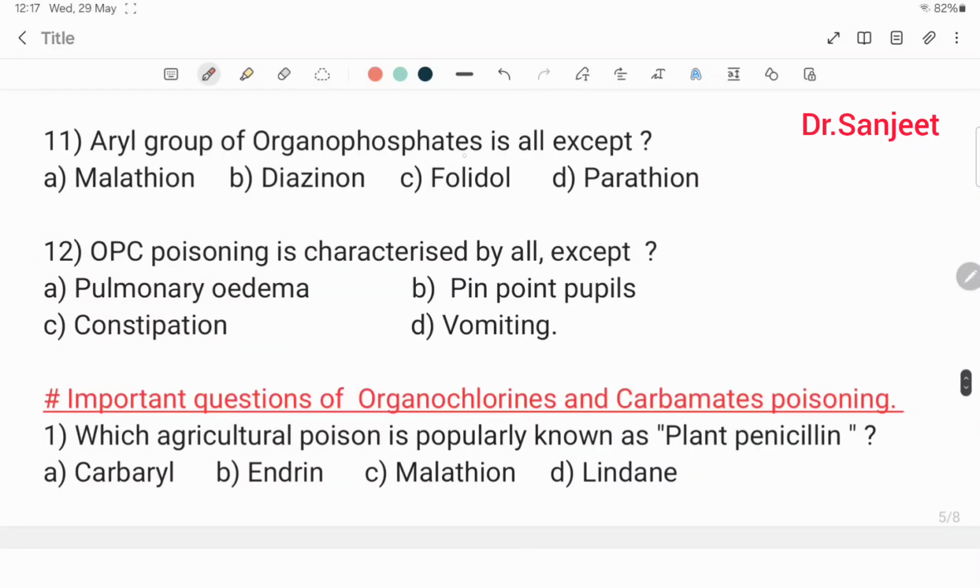An aryl group organophosphate is all except: malathion, diazinon, folidol, parathion. Malathion is the alkyl group, not aryl group. Organophosphorus compound poisoning is characterized by all except: pulmonary edema, pinpoint pupil, constipation, vomiting. Constipation does not occur, diarrhea occurs, so this is wrong.